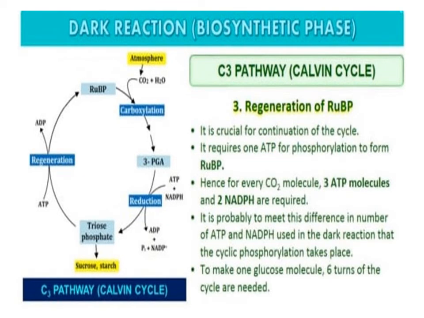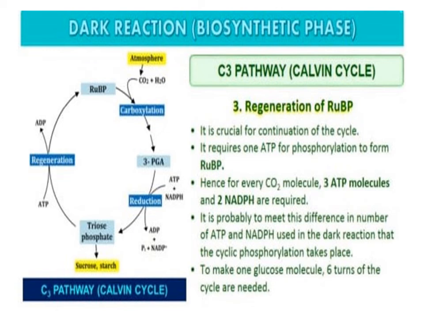The third step is regeneration of RUBP. Regeneration of the CO2 acceptor molecule RUBP is crucial if the cycle is to continue uninterrupted. The regeneration steps require 1 ATP for phosphorylation to form RUBP. It can be denoted in equation form: PGAL in the presence of ATP produces RUBP.